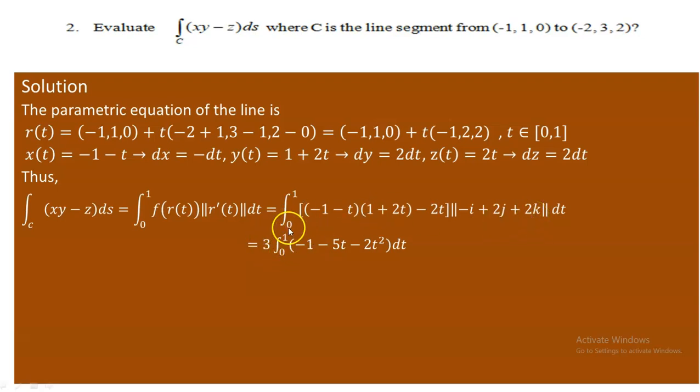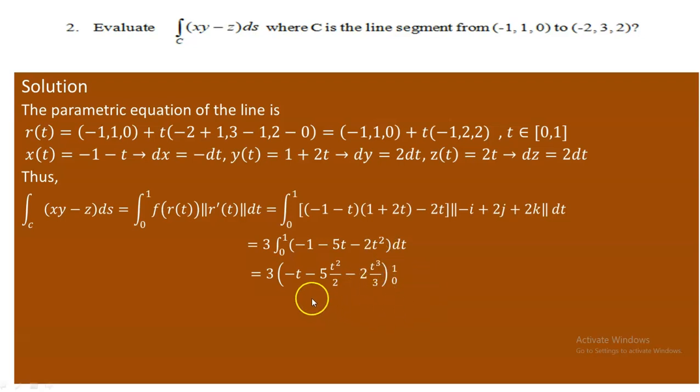So integral from 0 to 1 of minus 1 minus t times 1 plus 2t minus 2t can come, and after simplifying this you will obtain this expression, minus 1 minus 5t minus 2t squared. So integration of this is going to be done one after the other. So you will get this to be minus t minus 5t squared over 2 minus 2t cubed over 3.